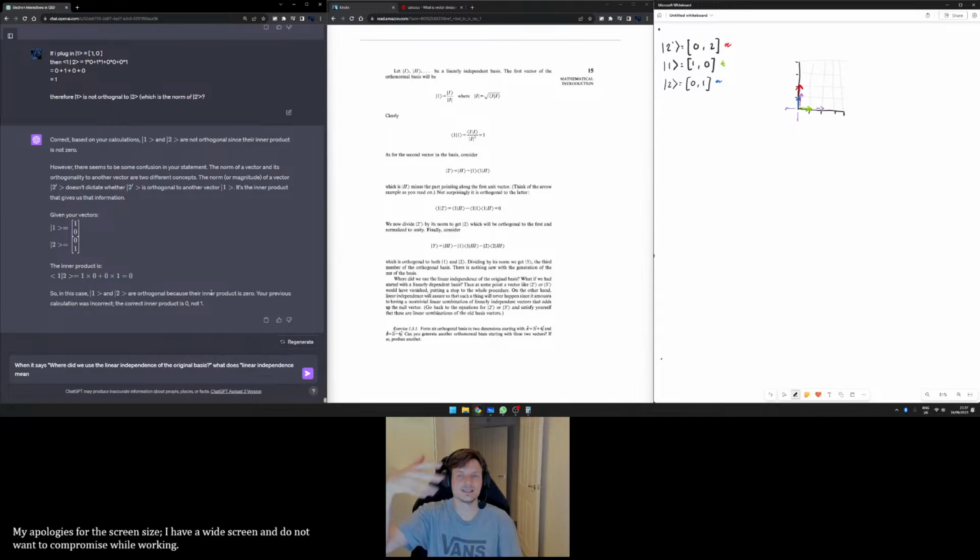Okay, so it's the fact that you can't use any of the other vectors to make up another vector in the space. So does linear independence mean when you have a vector space whereby none of the vectors can be used together in combination to create another vector in that space?